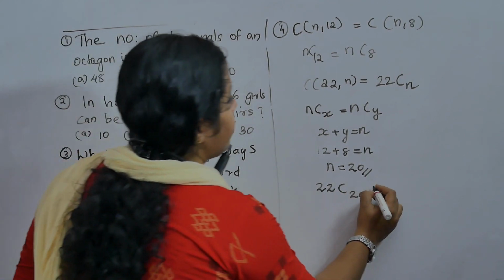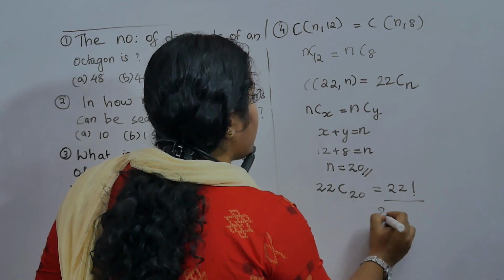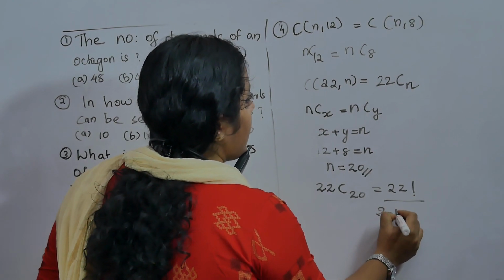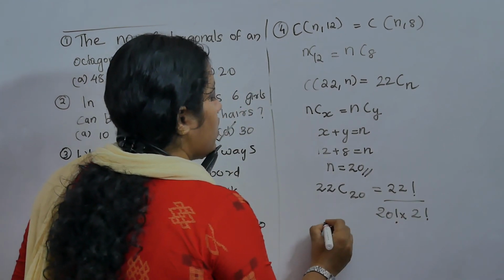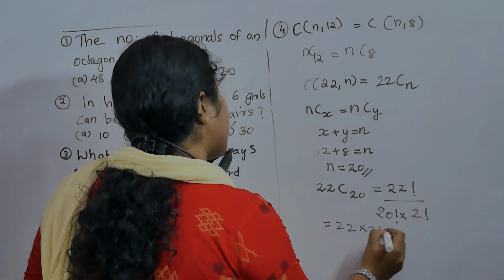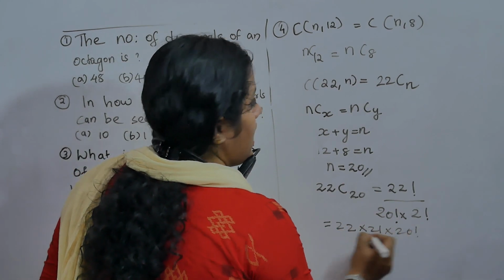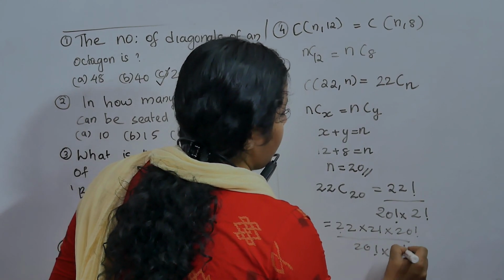That is 22 factorial by 20 factorial into 22 minus 20, that is 2 factorial. What you'll get? This 22 factorial is 22 into 21 into 20 factorial divided by 20 factorial into 2 factorial.